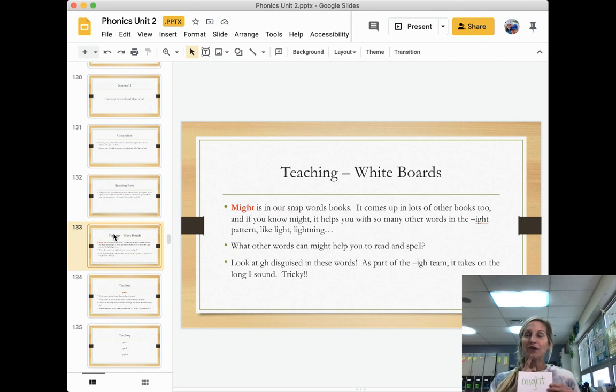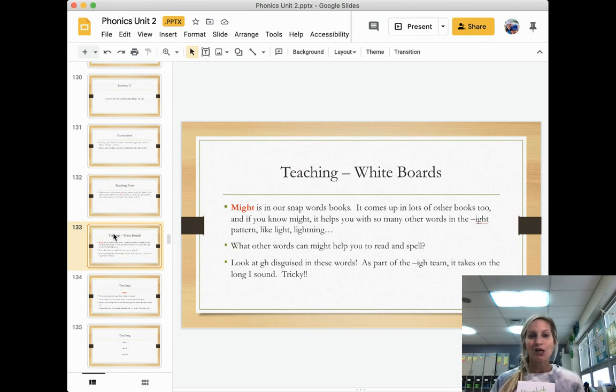So can you think for a second about the pattern IGH? And you might even remember it from the little song, IGH, IGH, I. Don't forget the T, ite, ite, if you remember that from the phonics dance.